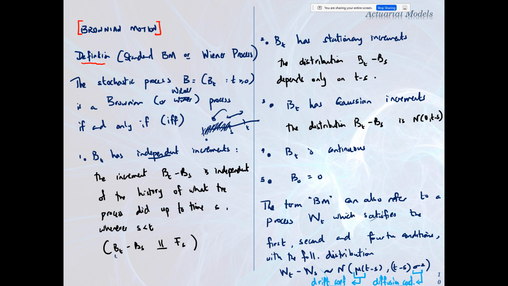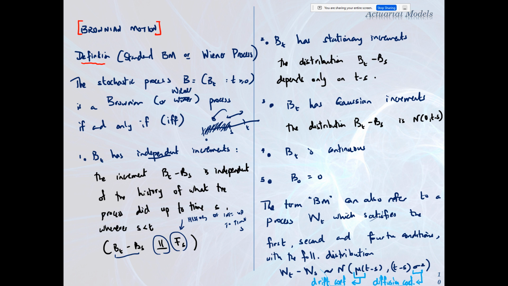Here it is written mathematically: B_t minus B_s is independent of F_s. What is F_s? It is the history of information up to time s. This is the first feature of the Brownian motion.